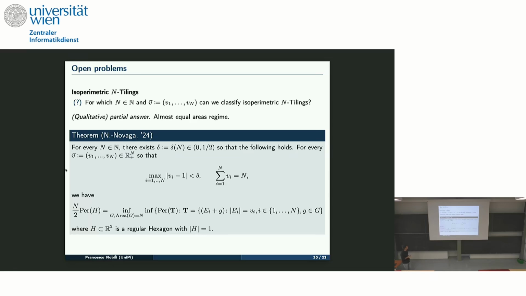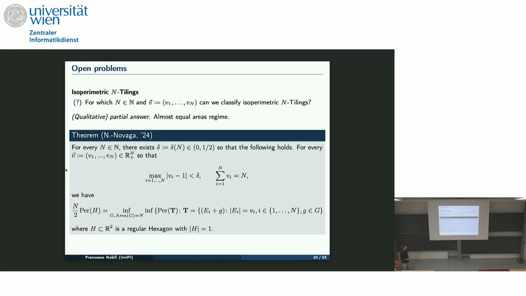For any n-tuple of area vectors which are close enough to 1, and they all sum up to n, in a sense, I'm thinking of area of the lattice equal to n, then the cost of an n-tiling, which is isoperimetric, matching precisely the areas V1 up to Vn, should be this one. So n over 2 perimeter of a regular hexagon. So if you forgot the normalization factor, should be n times the perimeter of a regular hexagon.